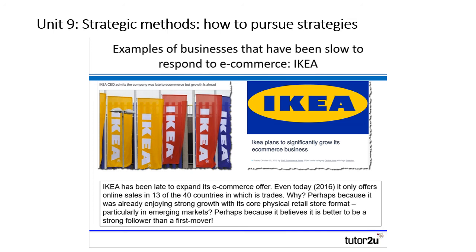It's grown very well, but given the industry itself has grown significantly from e-commerce, what is it that IKEA has done so well to maintain their competitiveness without really enhancing their e-commerce platform? And we look at that, and we look at the pros and cons of the different directions businesses go in, and we look at some examples which are very successful, and of course we could look at some which have failed as well.